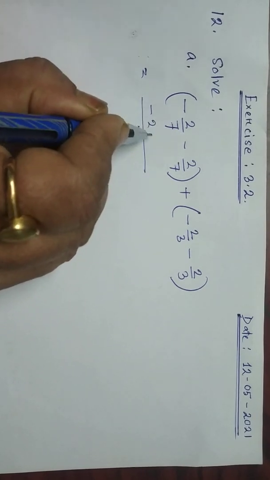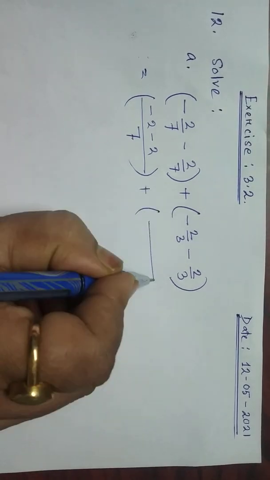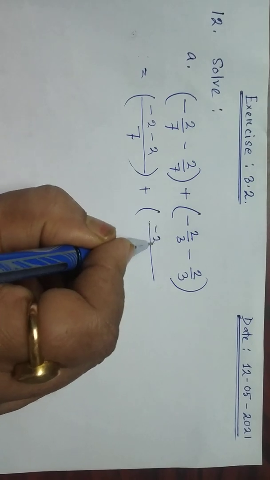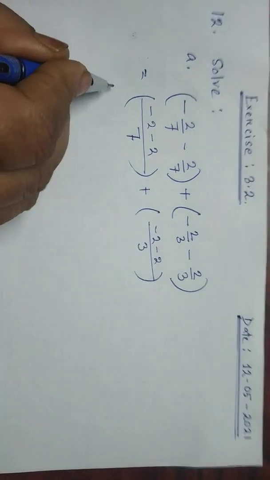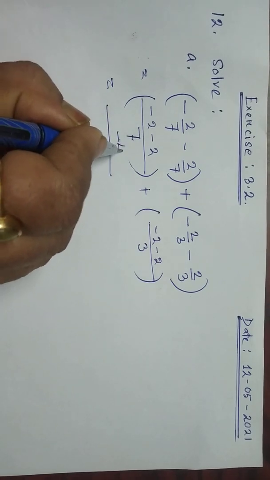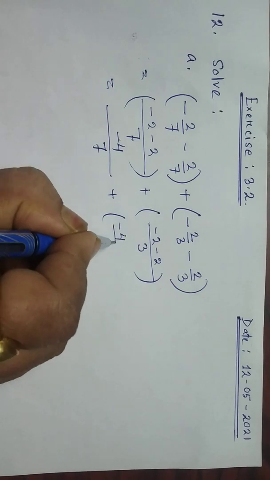Now minus 2, plus here this one also denominators are same, 3, that's why 3 minus 2. Now this one means minus 2 means minus 4 by 7 plus minus 4 by 3.